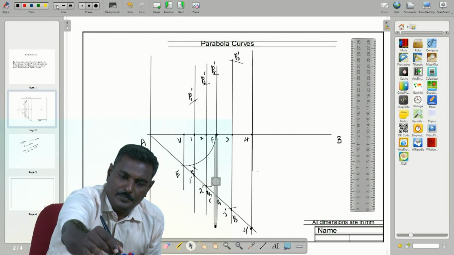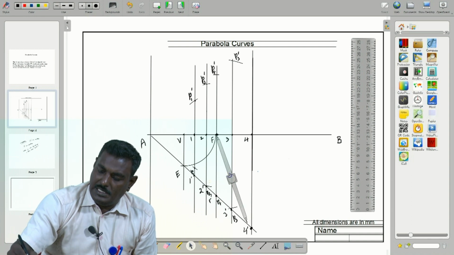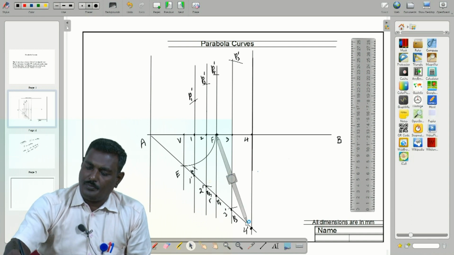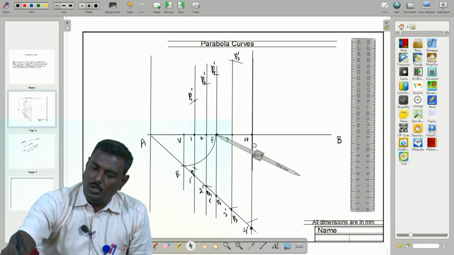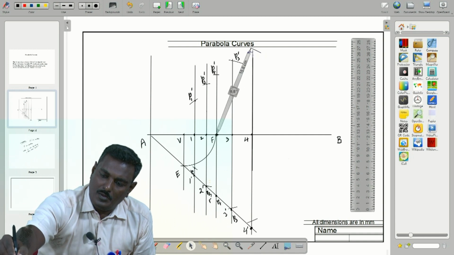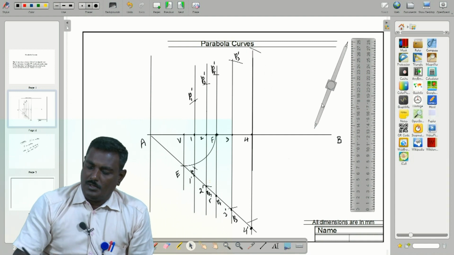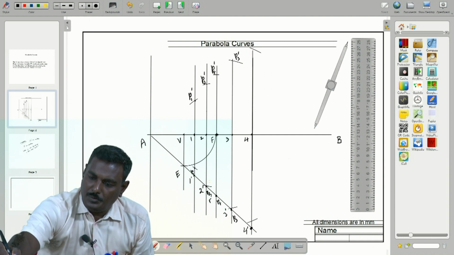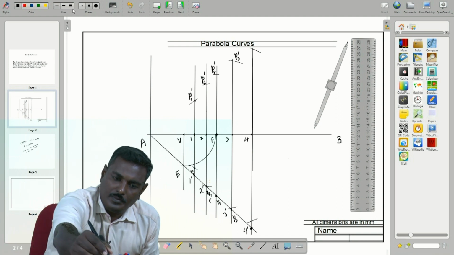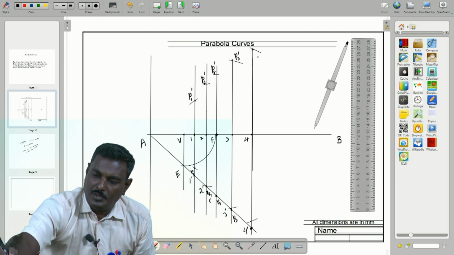Make an arc to intersect the line from point 4, below and above. Mark the point, that is P4 dash, P4.